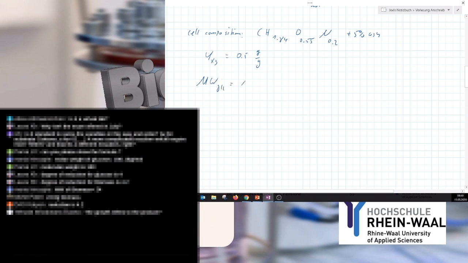So we had 180 grams per mole, and we had the degree of reduction of glucose, if I remember correctly, 4. Of course, the degree of reduction and the molecular weight of our biomass we have to calculate again, because we have a different composition now.